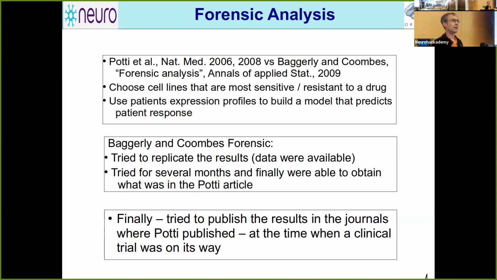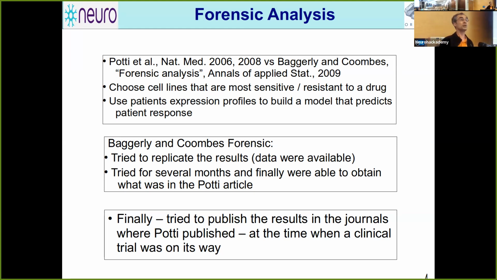Poline et al. had this great idea that you could choose the cell lines that are most sensitive to specific drugs, and then use the patient expression profile to predict which patients would be sensitive or not sensitive to a drug response. So that's a great idea.